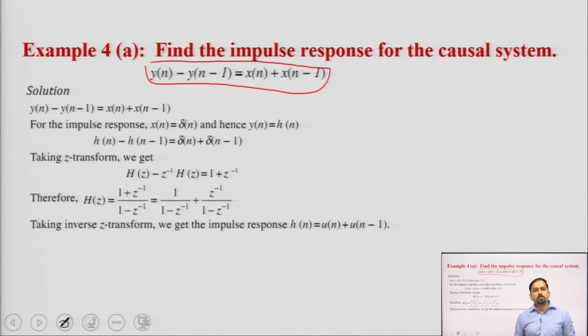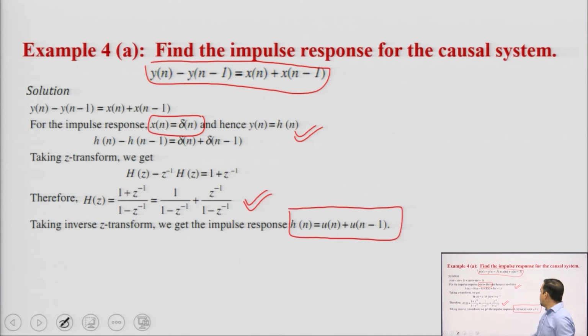What is the impulse response? When x(n) is an impulse signal, the response of the system is said to be the impulse response. By applying the Z transform we get H(z), and by taking the inverse transform of this, we get h(n) equals u(n) plus u(n minus 1).